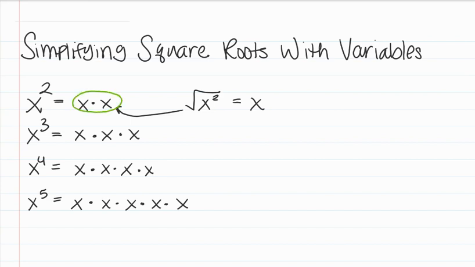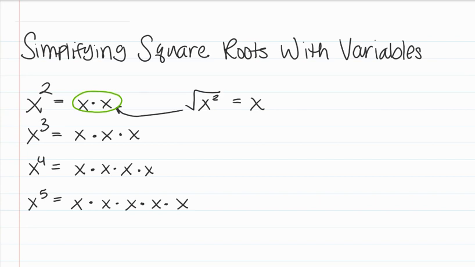And if you remember from simplifying non-perfect roots, you do want to look for perfect squares. If you factor all the way down to a prime factorization, you'll see pairs of factors. Because x times x is a pair that creates a perfect square, then we can square root that.